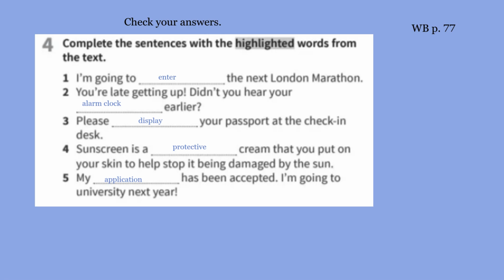Didn't you hear your alarm clock earlier? 3. Please display your passport at the check-in desk. 4. Sunscreen is a protective cream that you put on your skin to help stop it being damaged by the sun. 5. My application has been accepted. I'm going to university next year.